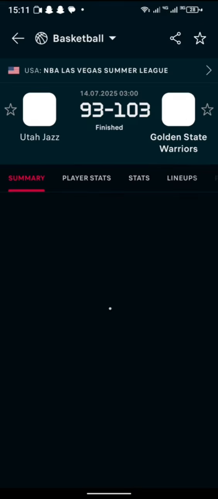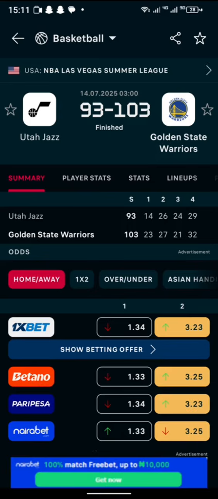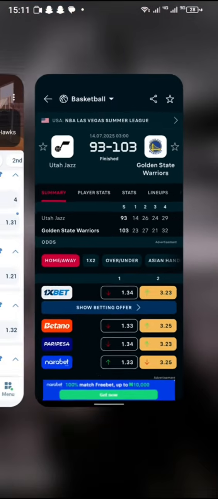Now let's check another game, one that has been played already. The first quarter had 37. The second quarter had 53. The third quarter had 45. The last quarter had 61. So guys, you see that none of the quarters ended with the same points. So that's what this option is all about.